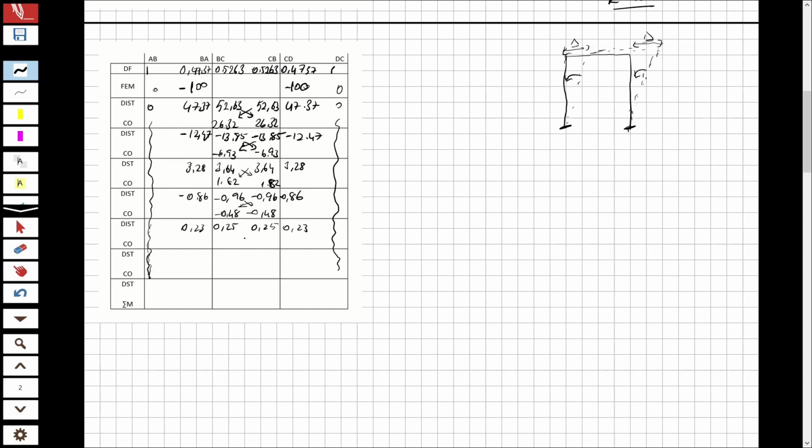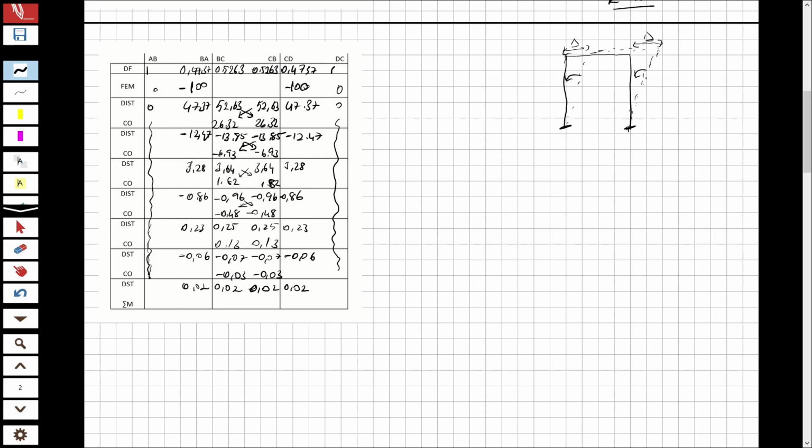And for the next carryover, 0.13, 0.13, and this will be minus 0.06, minus 0.07, minus 0.07, minus 0.06, minus 0.03, minus 0.03, and this will be 0.02, 0.02.